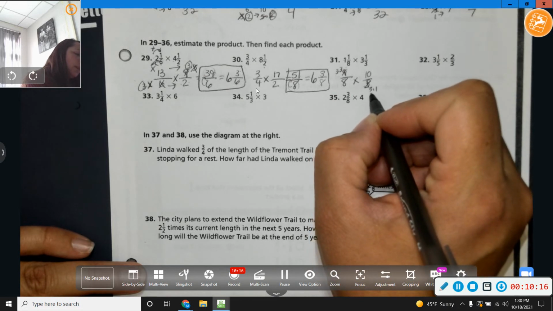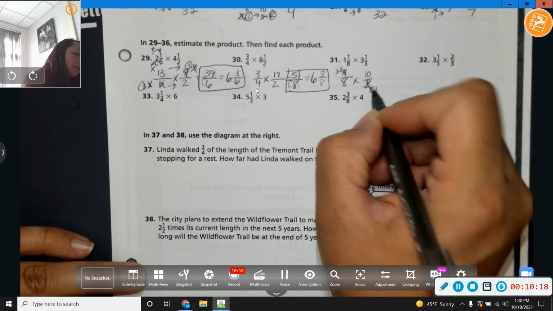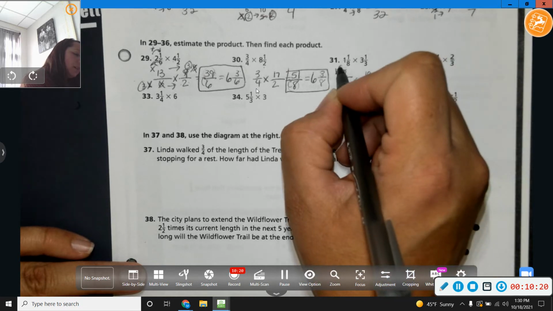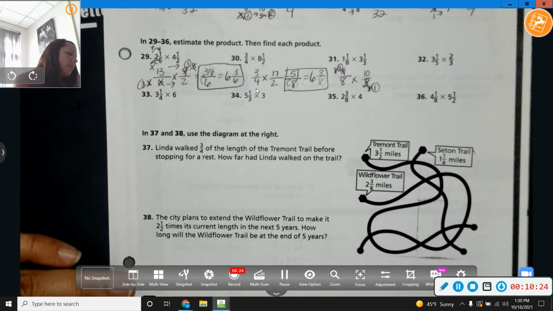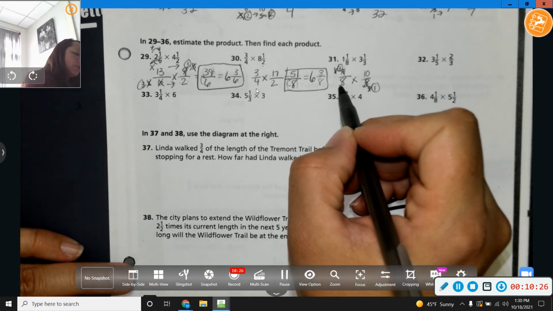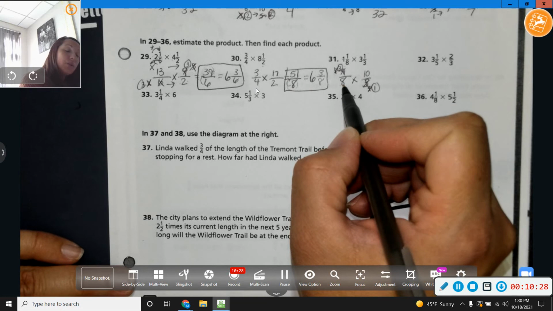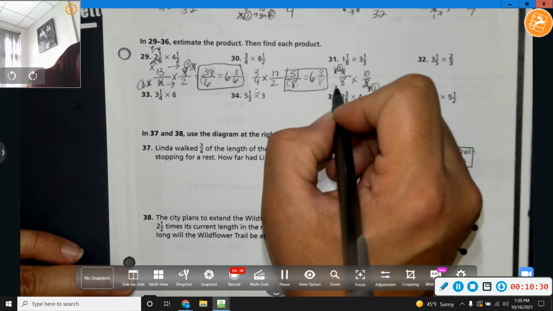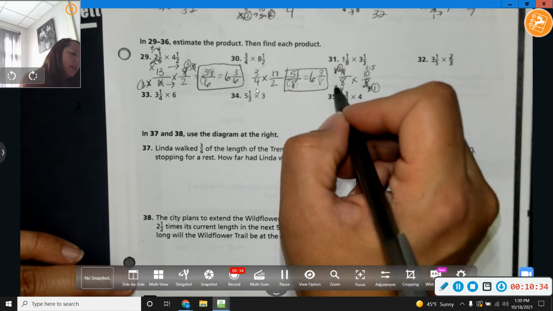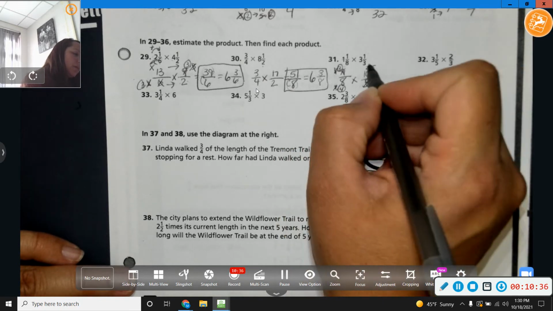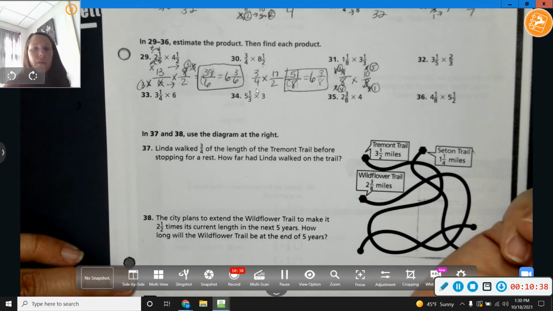I am going to get rid of my 3. Keep this one. Keep my 1. I can take out a 2 from both of these. 2 times 4 is 8. 2 times 5 is 10. Get rid of my 2. Keep my 4. Keep my 5.